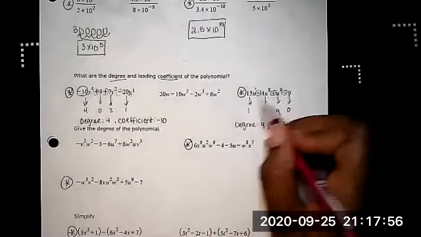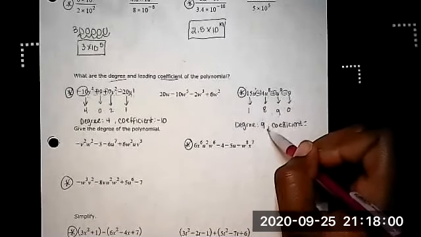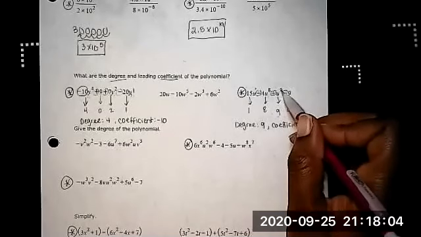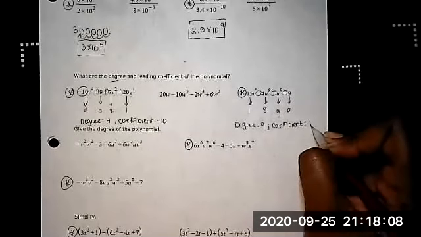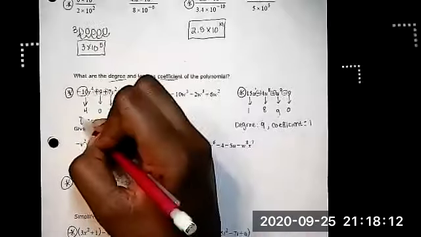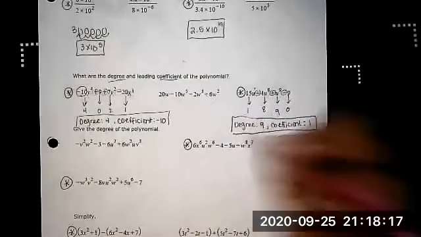Sorry about that. For the whole polynomial, the degree is 9 because the highest degree is 9. The coefficient in front of this u to the 9th, there's no number in front of it. So what did I say earlier? The coefficient is going to be 1. Okay? Good. And that's for this one and that one.